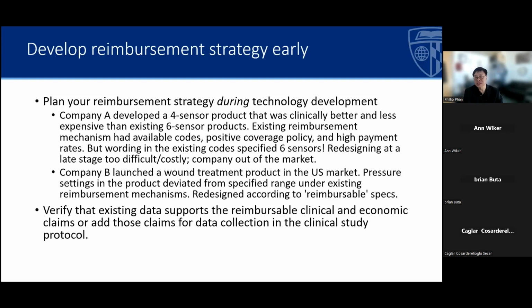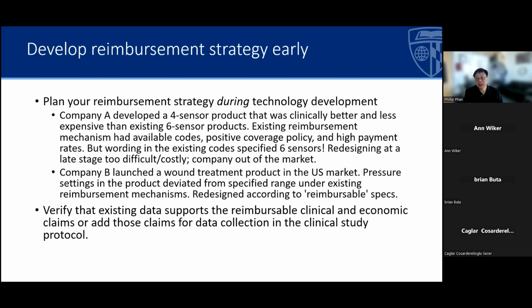So you come up with 4 sensors and they say, sorry, this is not a technology that we're going to reimburse. By the time they figured that out, they already had the product basically nailed down and manufactured, and to go back and redesign and remanufacture is too costly. So as far as reimbursement goes, that revenue stream was not available to that company. Maybe in version 2 of the product.